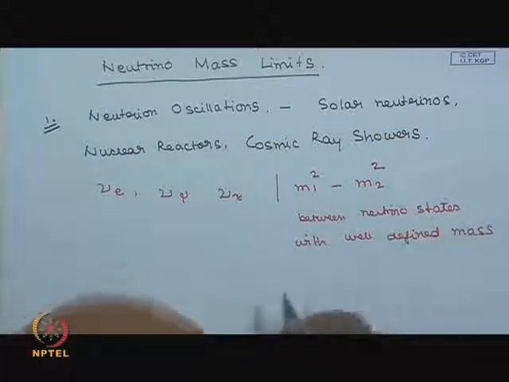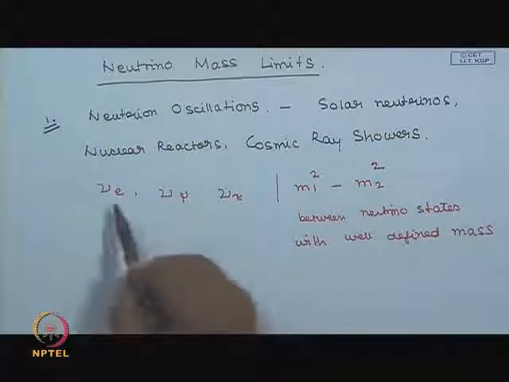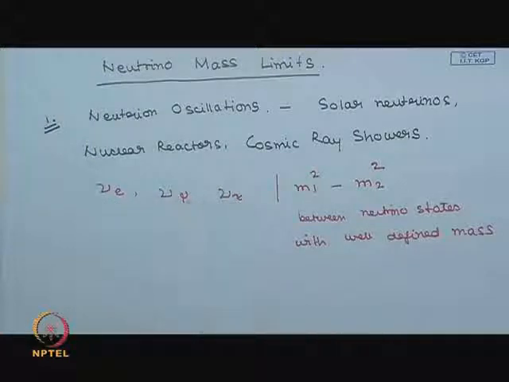These states with well defined mass do not correspond to the electron, mu and tau neutrino, which is why we have oscillations between these as the neutrino propagates.